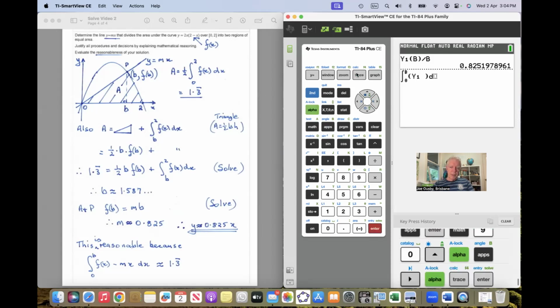So that function is being integrated, and I'm subtracting from that the answer, which is in the line above. So I could just put there answer, and then x dx, and execute that. Comes out as 1.33. So that was correct.